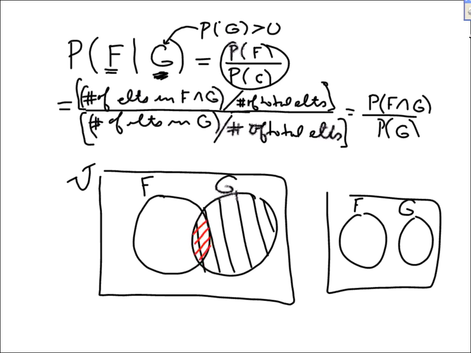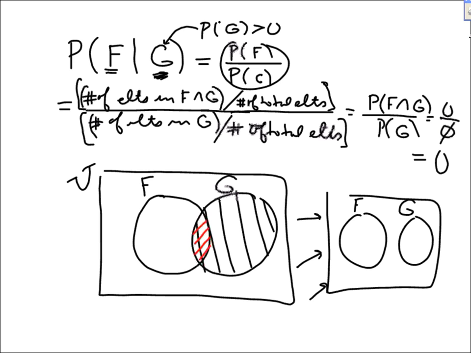Now, if it turned out that we are in this scenario, that is F and G don't intersect, well then the probability of F and G would be 0. And remember, we said the probability of G was positive, that is not 0. And 0 divided by not 0 is 0.